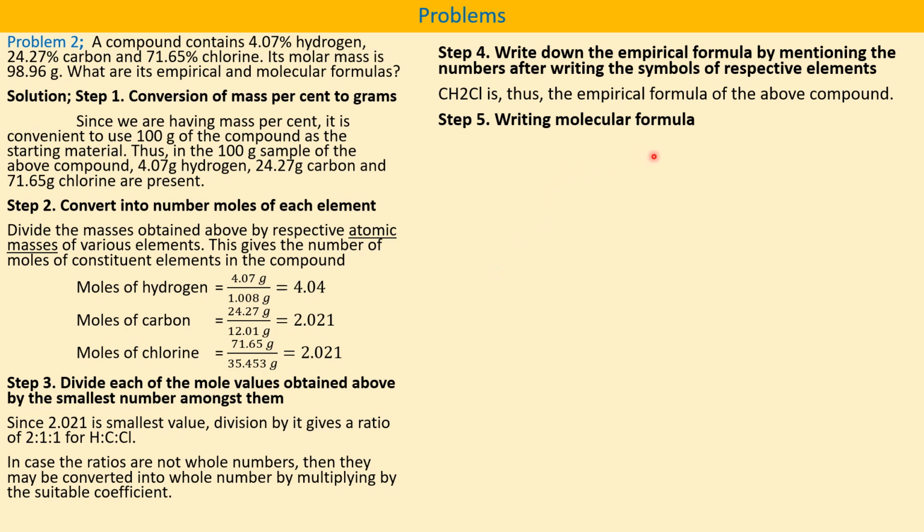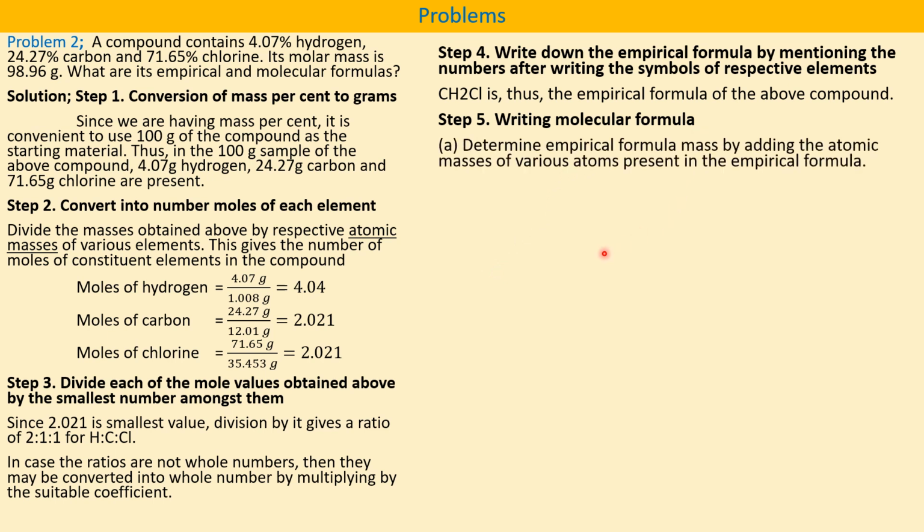Step 5 is writing the molecular formula. Determine the empirical formula mass by adding the atomic masses of the various atoms present in the empirical formula.